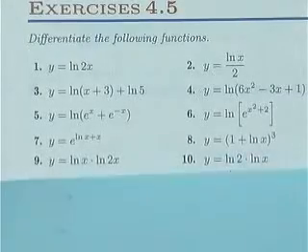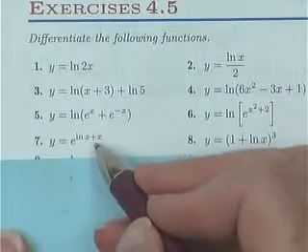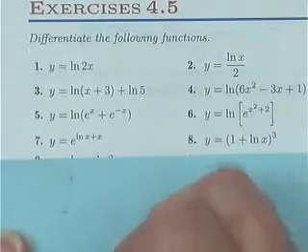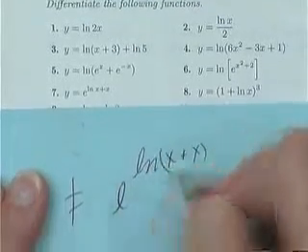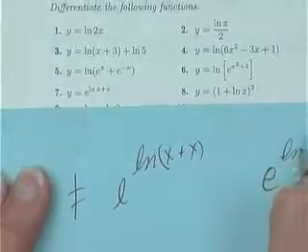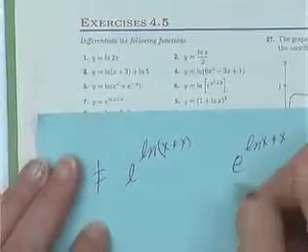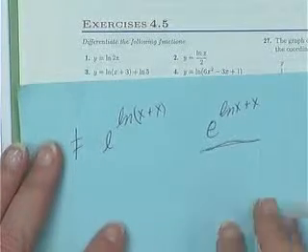All right, what property are you using? Okay, but there's then another plus x. This is not equal to e to the natural log of x plus x. It's e raised to the natural log of x and then a plus x. How can I simplify that before I take a derivative?